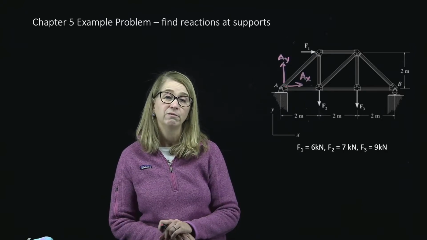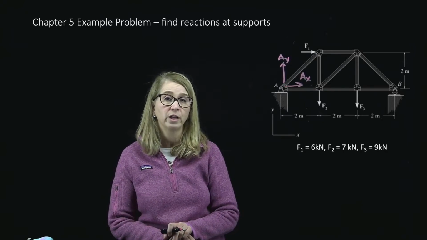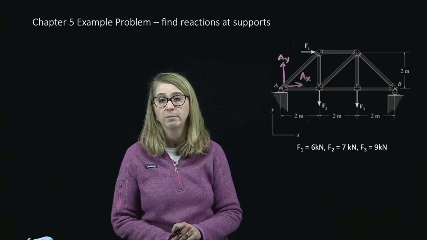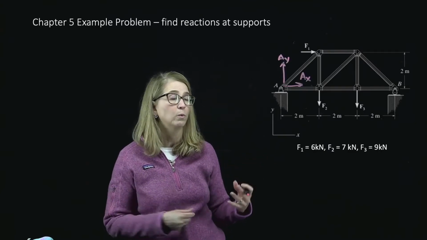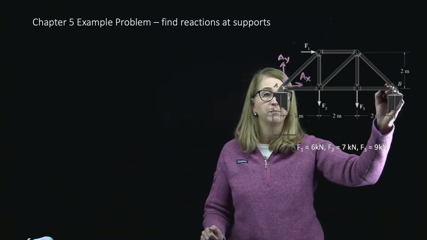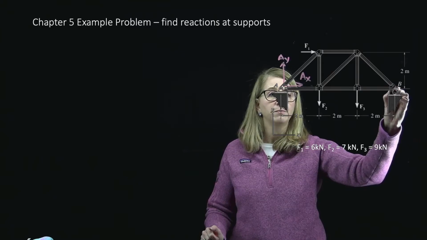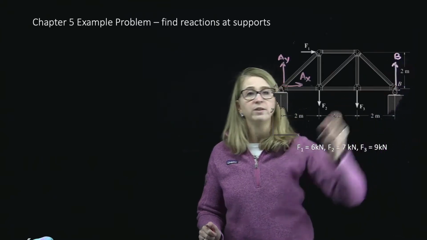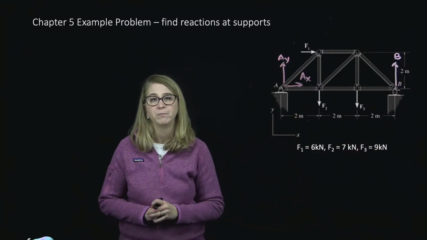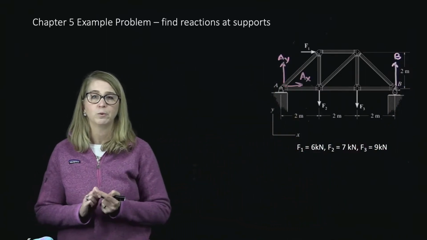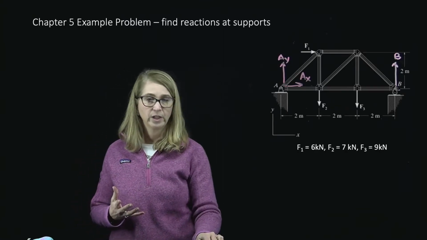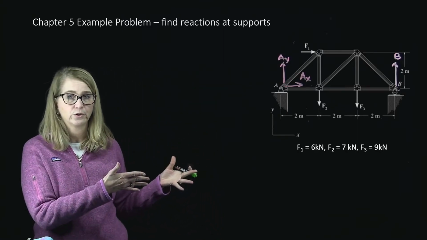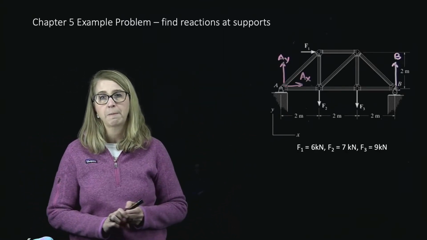If I get the wrong direction, my answer will just turn out to be negative, and then I know it's in the opposite direction. So it's just not, to me, worth spending a lot of time worrying about. And now for B, we said was just totally vertical. And so that is how I'm going to label these reactions for this truss. This is actually called a truss.